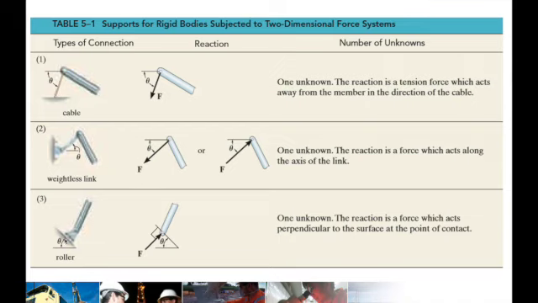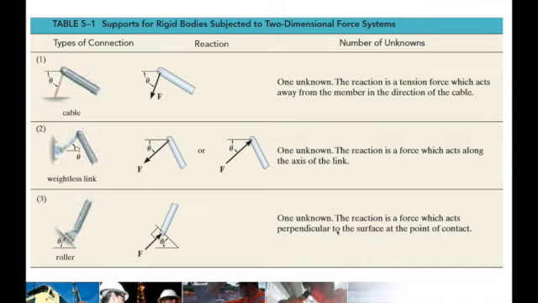Number three, a roller. So you will see a lot of roller support reactions in the preceding examples. If you see a roller, this is also one unknown. The reaction is a force which acts perpendicular to the surface of the point of contact.